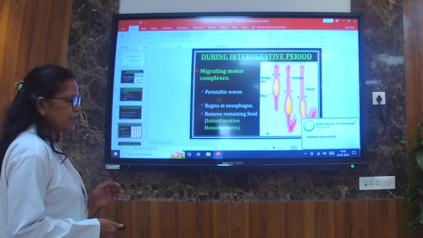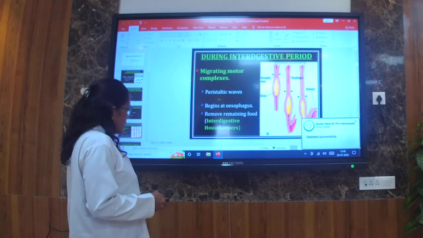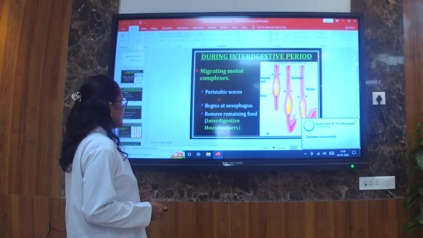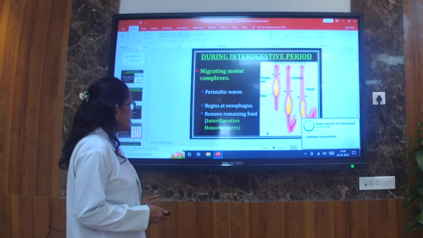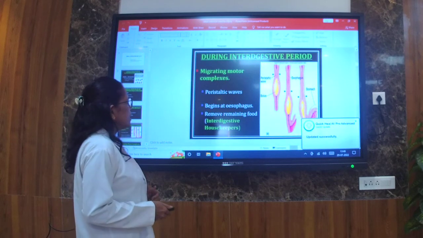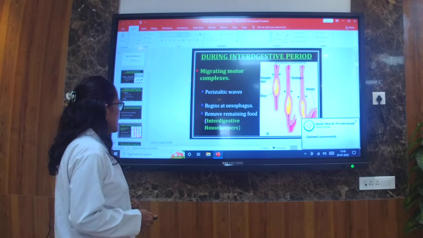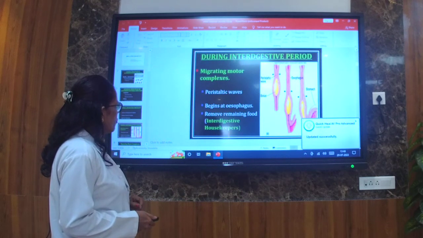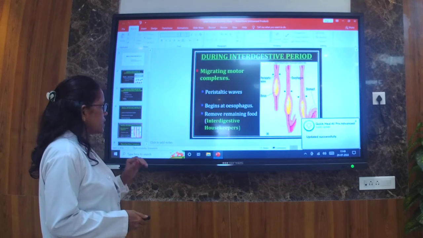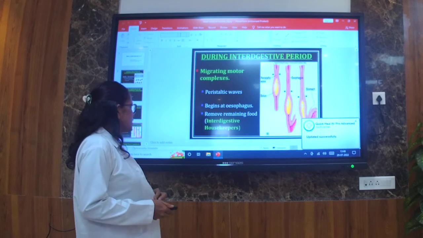The motor complex is activated when the GIT is empty. This includes peristaltic waves. These waves begin at the esophagus and remove remaining food, that is, the interdigestive housekeeper.